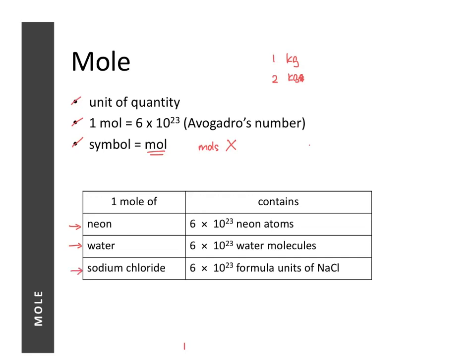If I have 1 mole of sodium chloride, I will have 6 times 10 to the power of 23 formula units of sodium chloride. Right? Or in very daily life items, if I have 1 mole of cats, it simply means that I have 6 times 10 to the power of 23 cats. Alright, so I hope you get the idea.